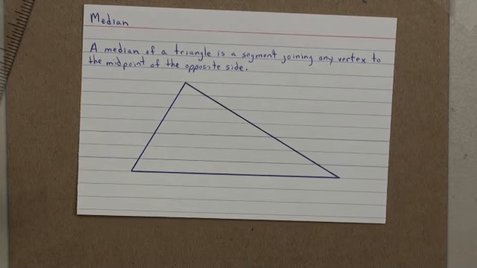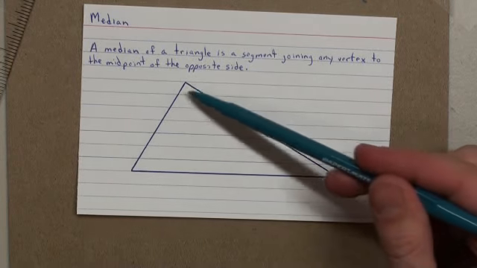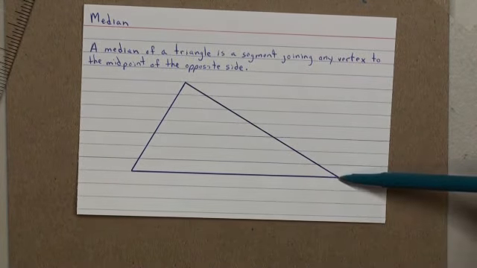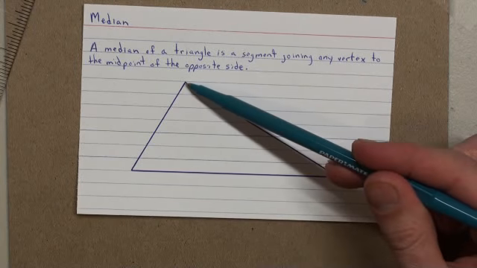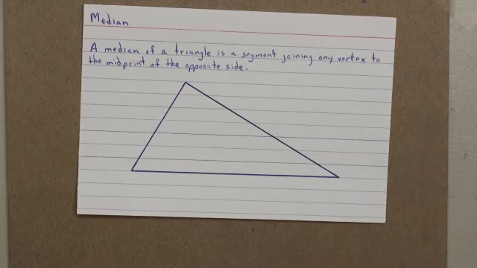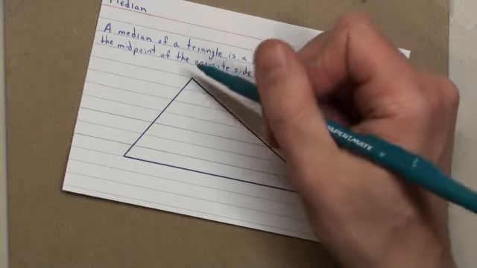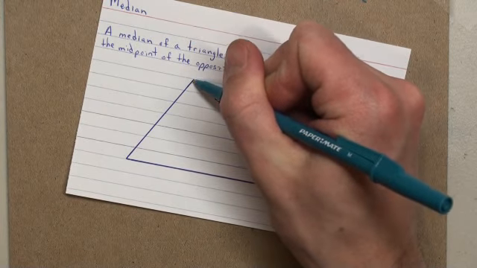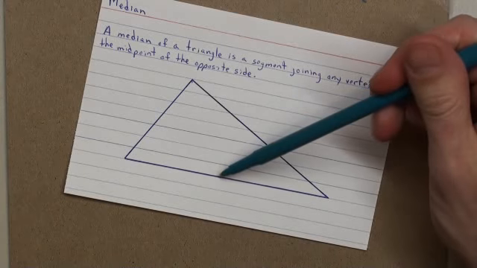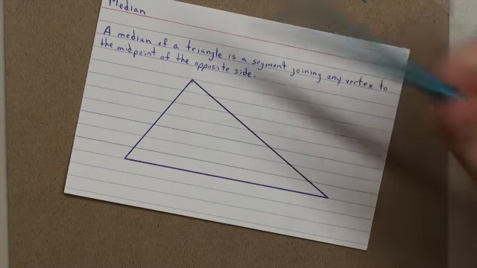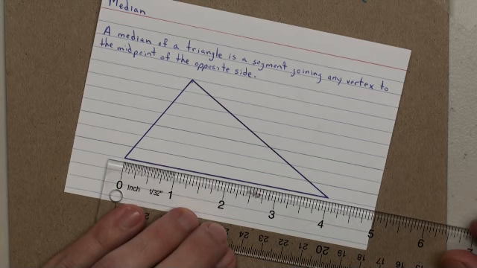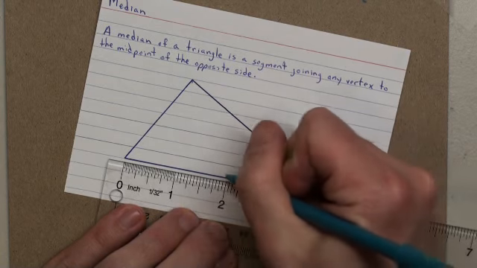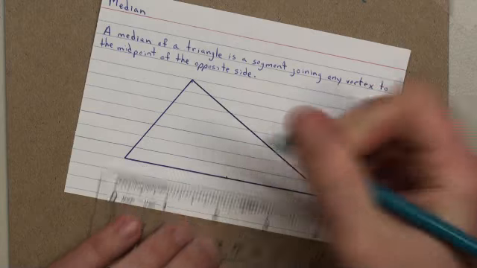So we choose any vertex that we want. There's 3 vertices, right? The corners of the triangle are the vertex or the vertices. So I'll choose this top one. Now, the median goes from the vertex to the middle of this opposite side. So I'm just going to quickly look and see where the middle is. If this side is 4 inches, then the middle is right at 2 inches.